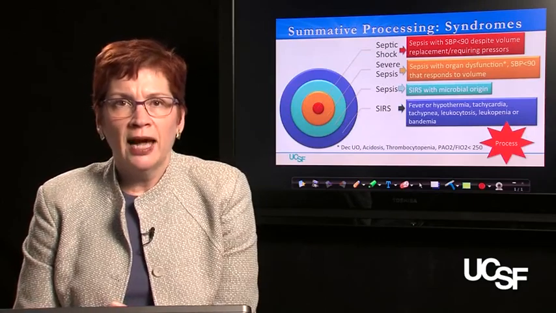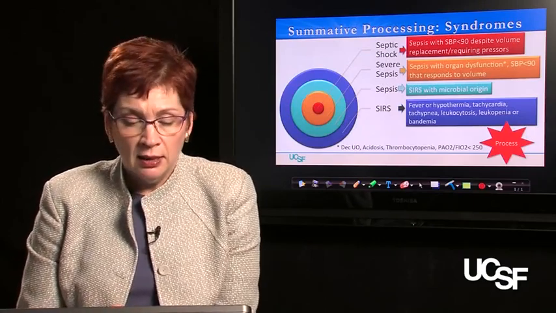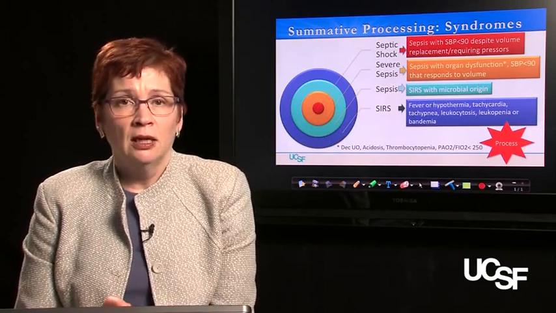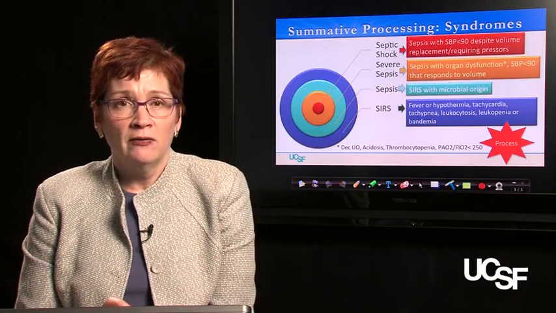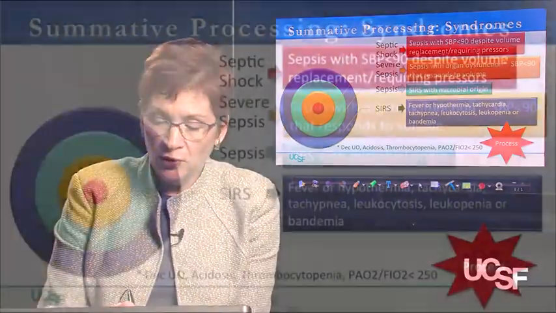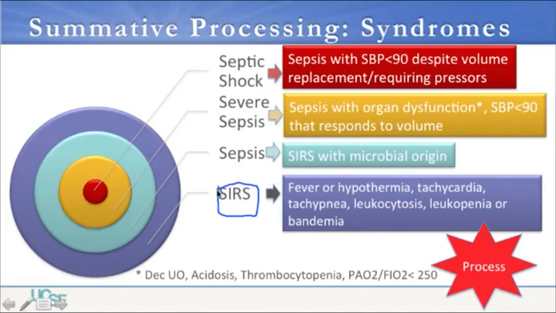Here's an example of classic summative processing, and this is a series of linked but slightly different conditions related to cardiovascular compromise and or infection. So the first is the syndrome of SIRS, or systemic inflammatory response syndrome. And those patients have a constellation of signs and symptoms: fever or hypothermia, tachycardia, increased heart rate, increased respiratory rate, leukocytosis, leukopenia, or bandemia.